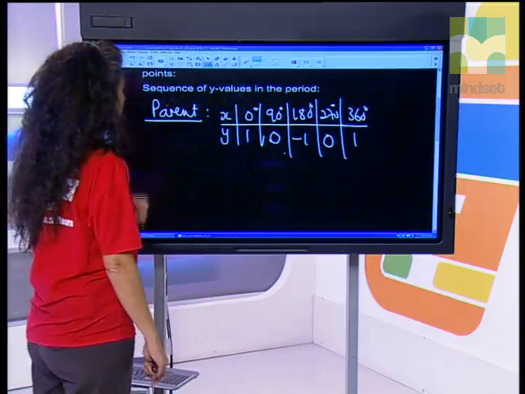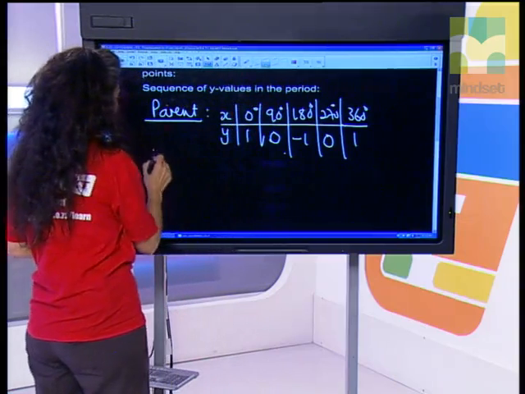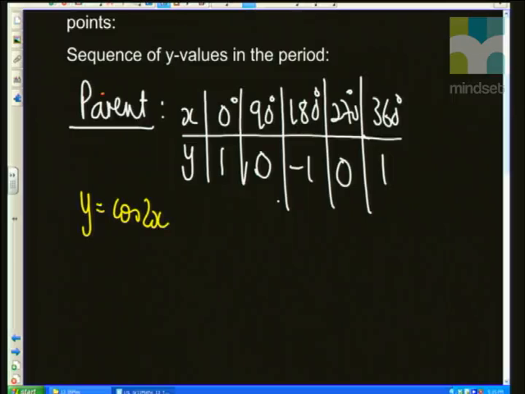Okay, now if we look at the graph y equals cos 2x, we're now going to find that at 0 degrees, twice 0 would still be 1. But at 90 degrees, 90 times 2 is 180.